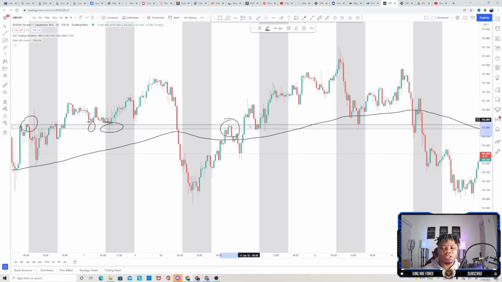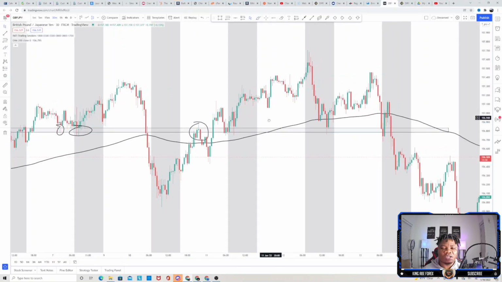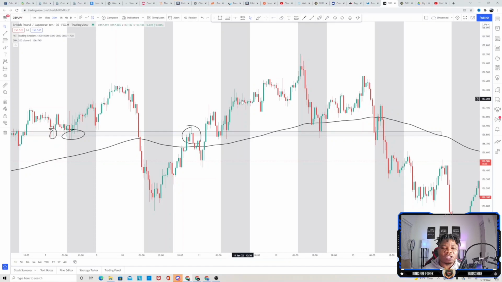For this position, we're looking to take our buy position during the New York session. Before the New York session opened, we would be anticipating either a bullish continuation, or price dropping below the resistance and hopefully closing below the 200 EMA. Then we would have been looking for a sell position. But in this case, we have this zone here.